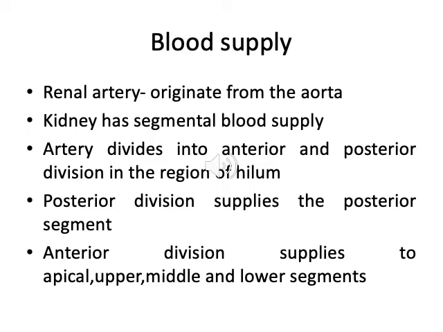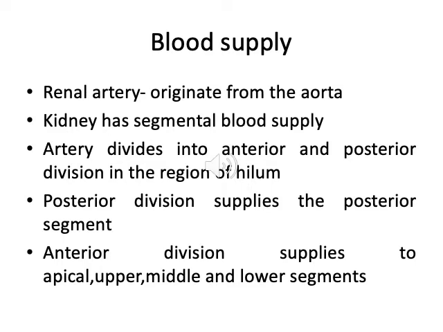The blood supply to the kidney is given by the renal artery, which is a branch of the abdominal aorta. The kidney has segmental blood supply. The renal artery divides into anterior and posterior divisions near the region of the hilum.